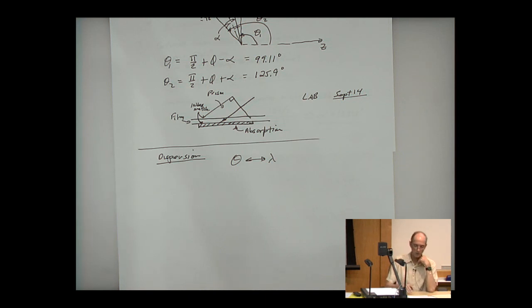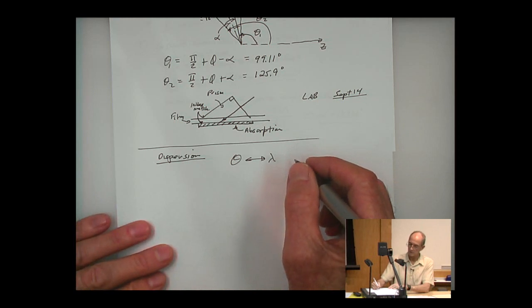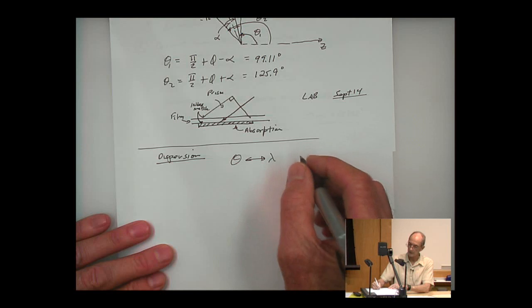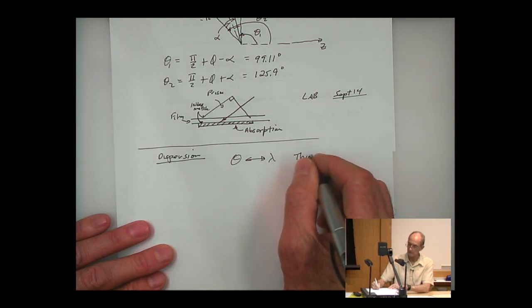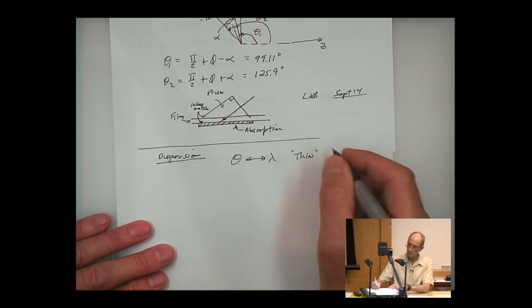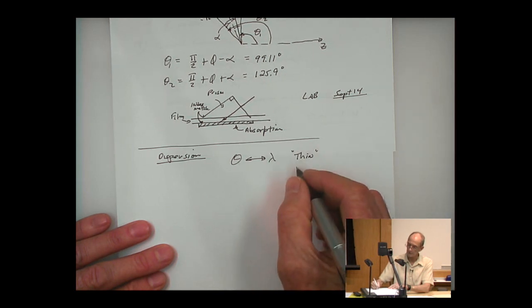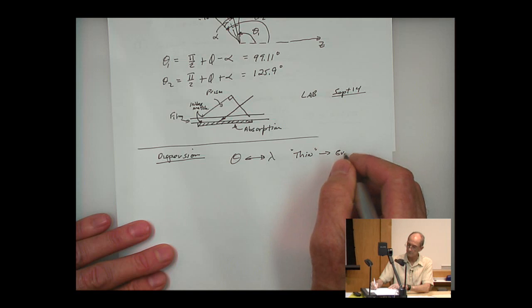All right. So there are a number of different dispersion relations that occur in holography, and so far, we've been talking about the thin gratings, which are described using the grating equation.